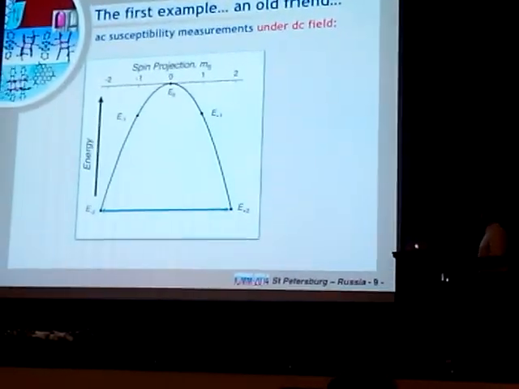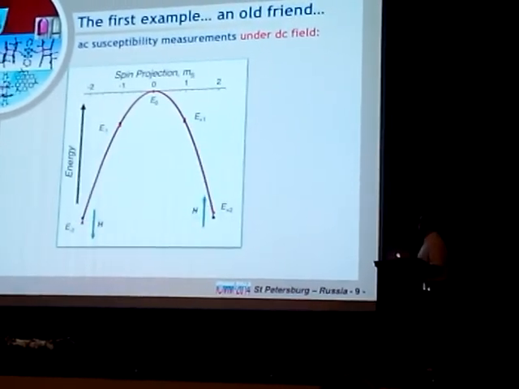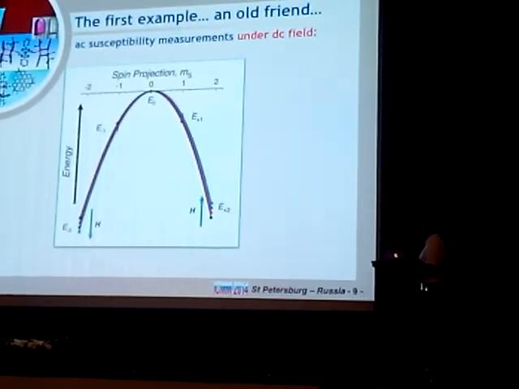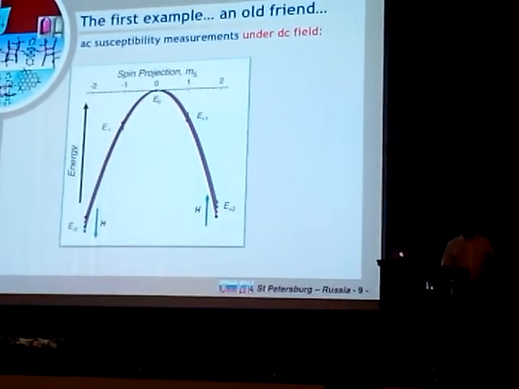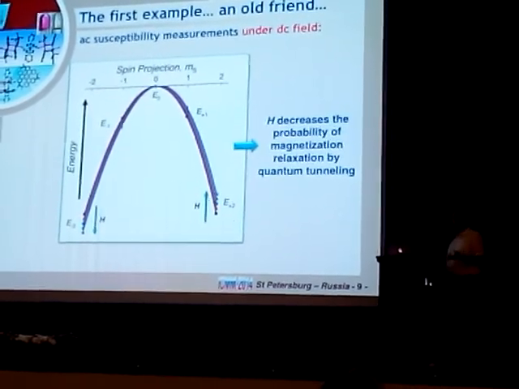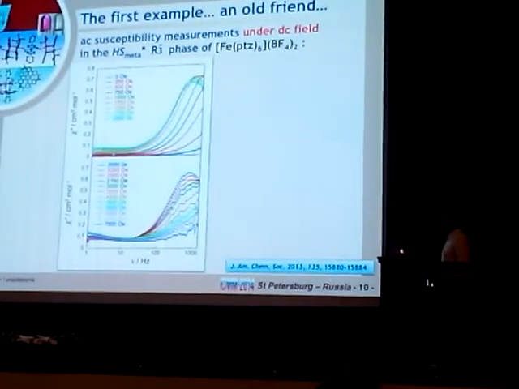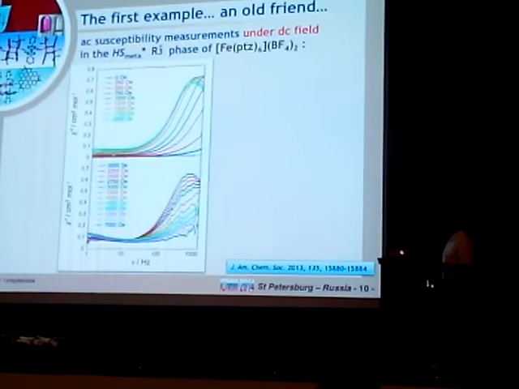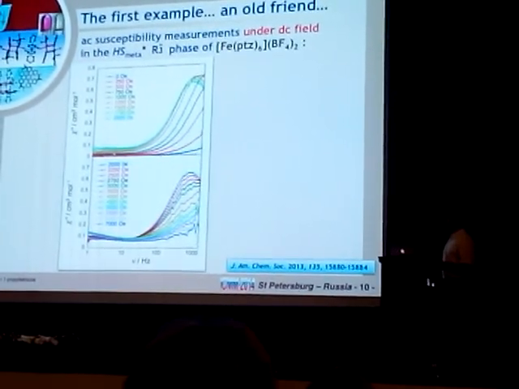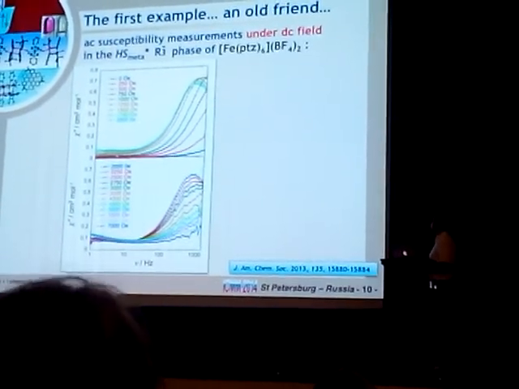Maybe this is very easy for most of you, but if you apply a field, you lift the degeneracy between the states, and you can do that in a controlled manner with a magnetic field. So, as I said, you reduce the probability of quantum tunneling in your system. This is what we have done, and this is the out-of-phase AC susceptibility versus frequency at different applied DC fields, below and above 2000 Oersted.